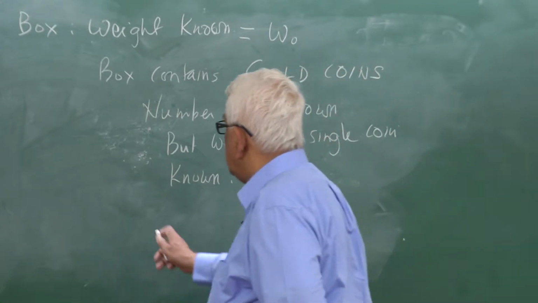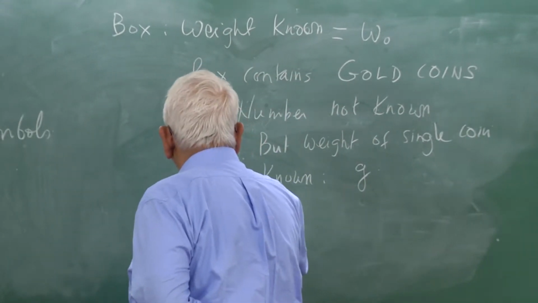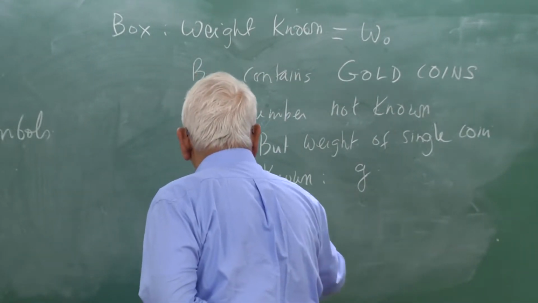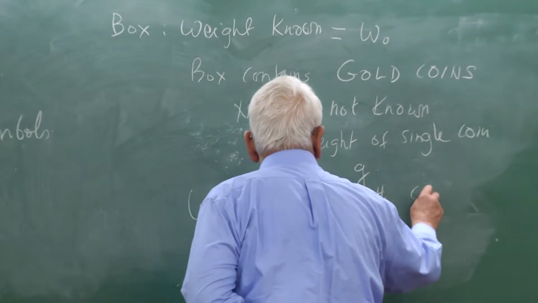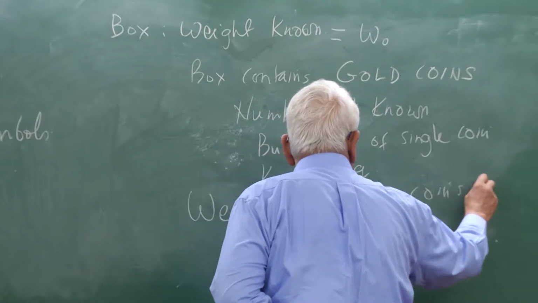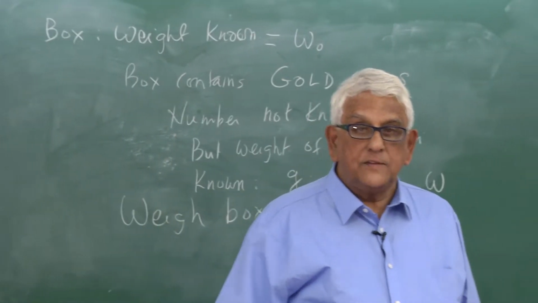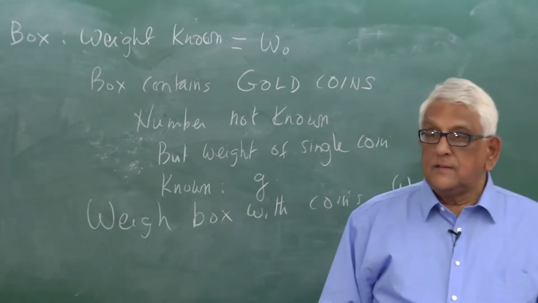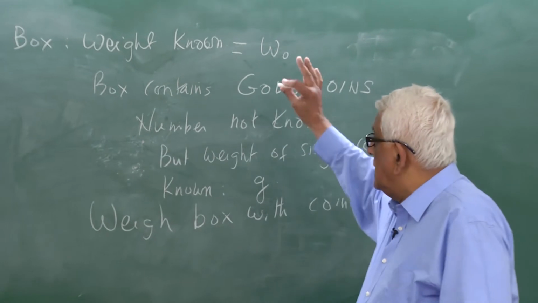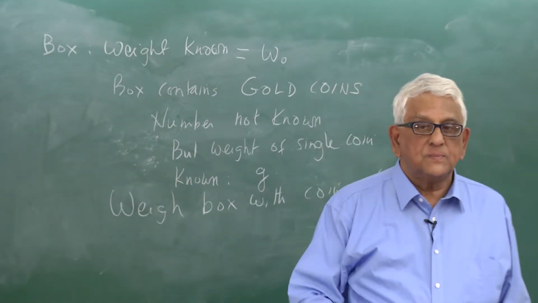Now what you do then is you weigh the box with coins. Right? Again a symbol, and you weigh the box with the coins and you get W. So now we have information which is based on measurement.